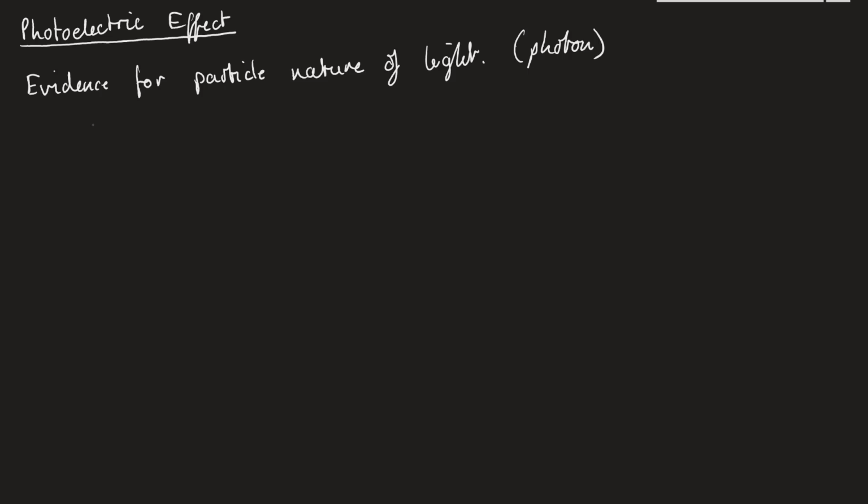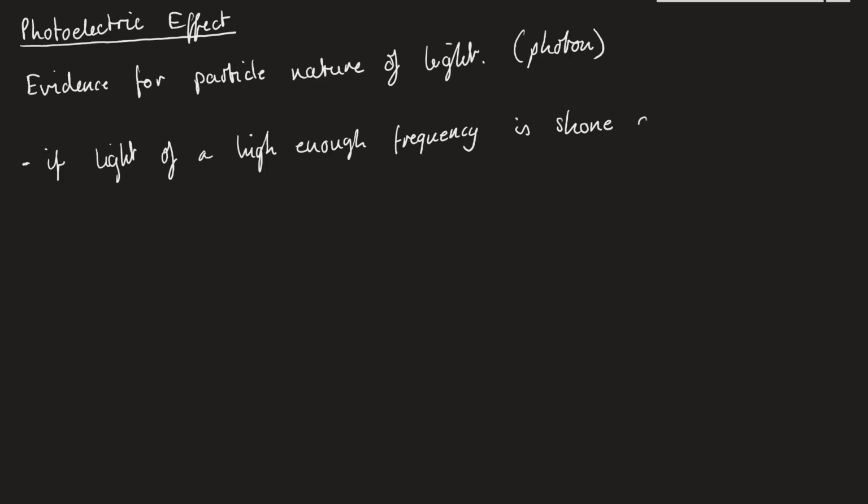And so the photoelectric effect is the effect that if light of a high enough frequency, so you have to get enough energy for this effect to happen, is shone onto a metal surface, the surface will release electrons.